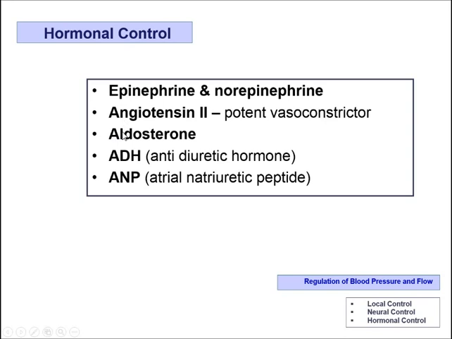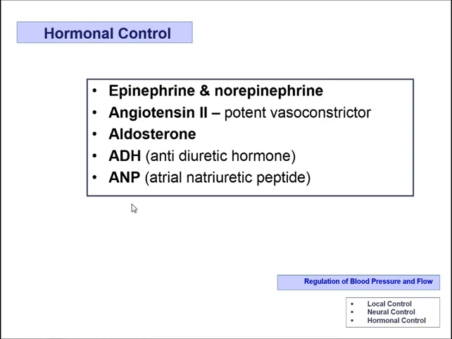Now, so far, aldosterone, angiotensin II, and ADH are all produced in response to low blood pressure. The only hormone we're going to talk about right now that influences blood pressure in the other direction is atrial natriuretic peptide. This is a hormone that's released from specialized endocrine cells in the right atrium in response to high blood pressure.